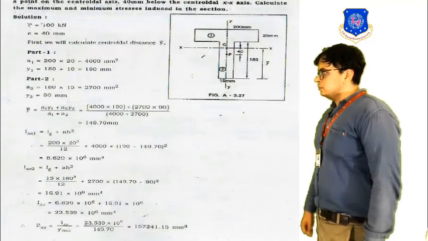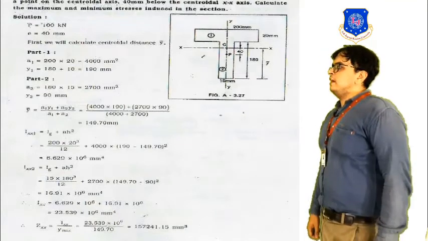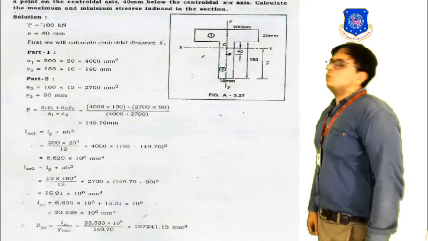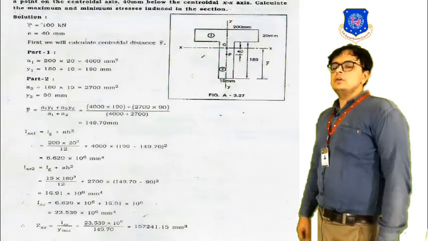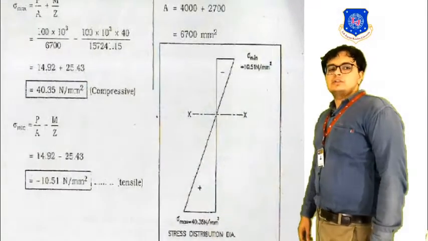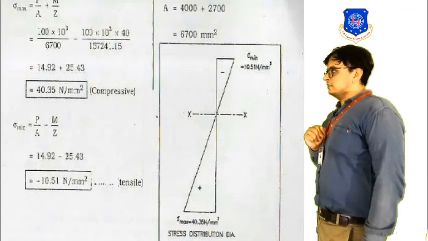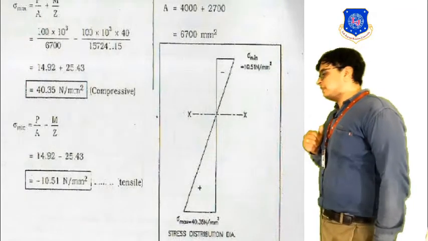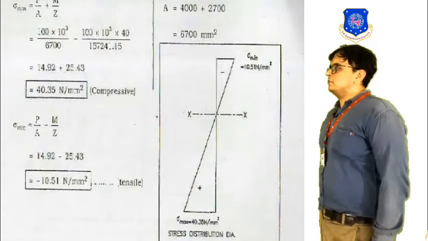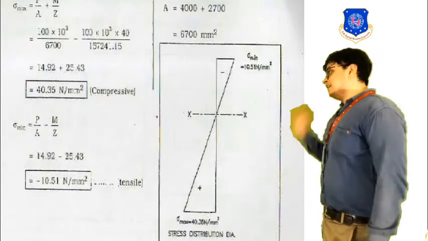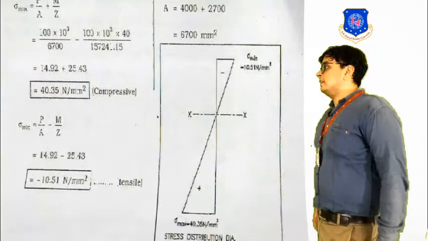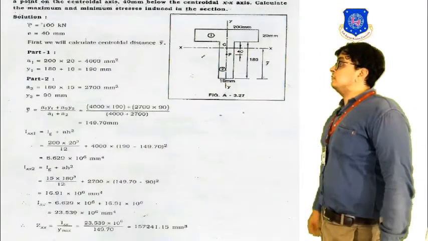So now it's time to find the further unknowns, and here the unknowns will be sigma max, that is the maximum stress, and sigma min, that is the minimum stress. Here our structure is one on which an eccentric load is acting.